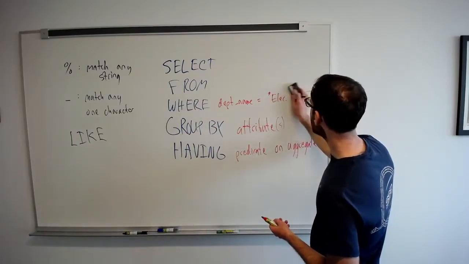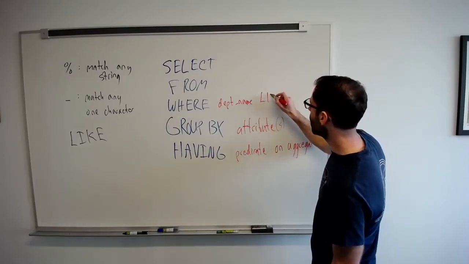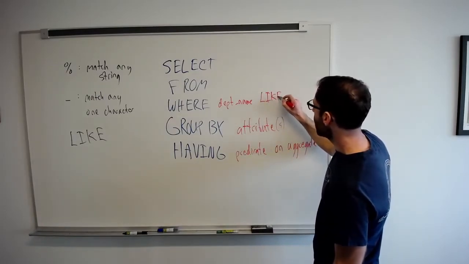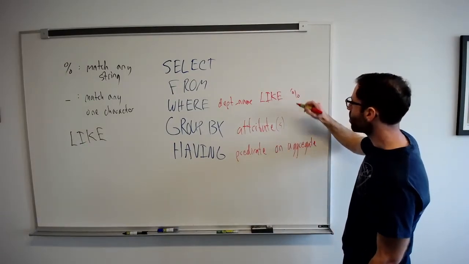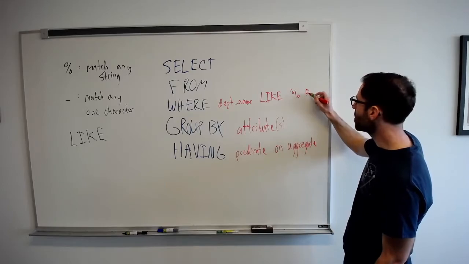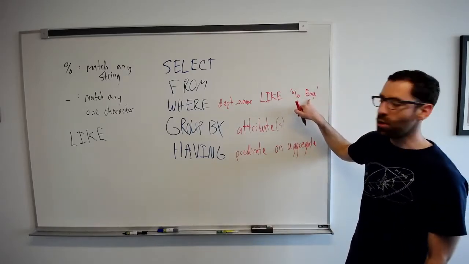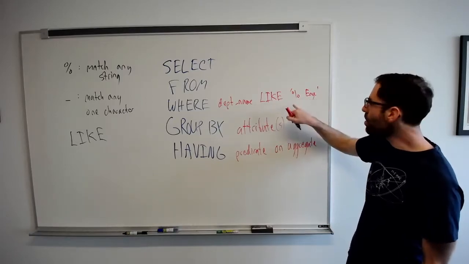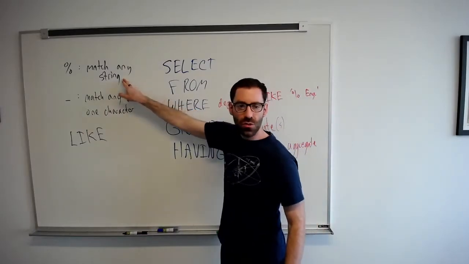But instead of this equals, we can say department name like, and then percent space ENG. Say we know that all engineering departments have ENG and a period at the end. Percent, remember, will match any string.